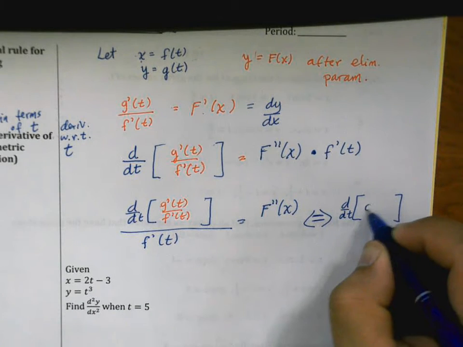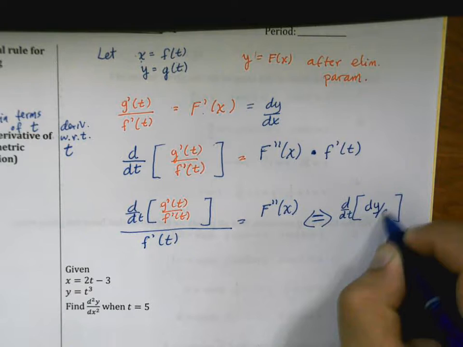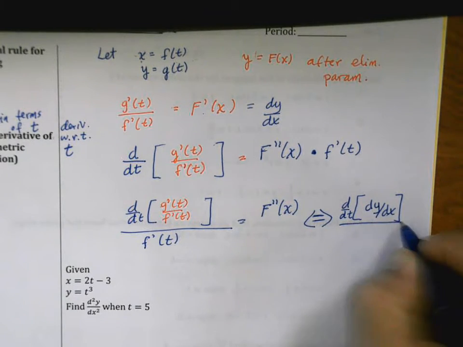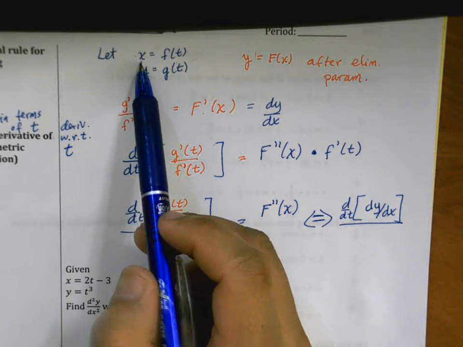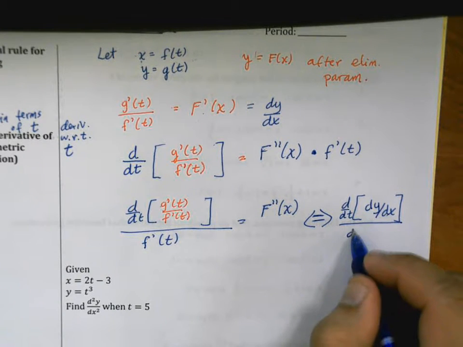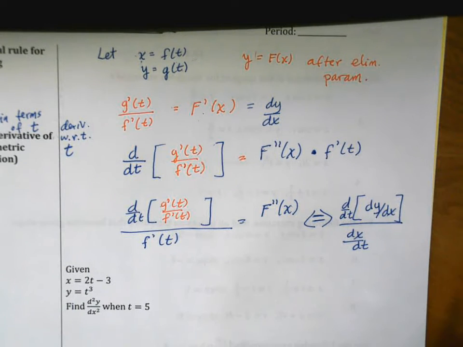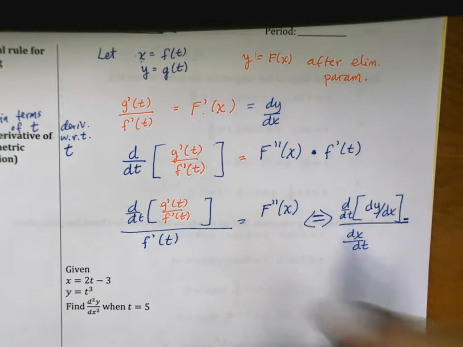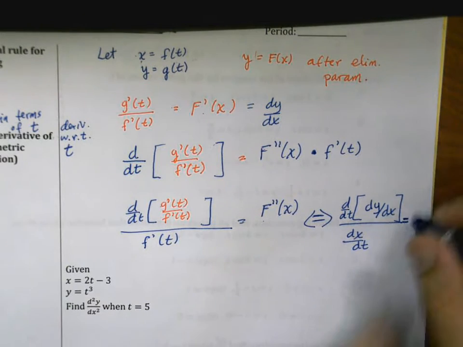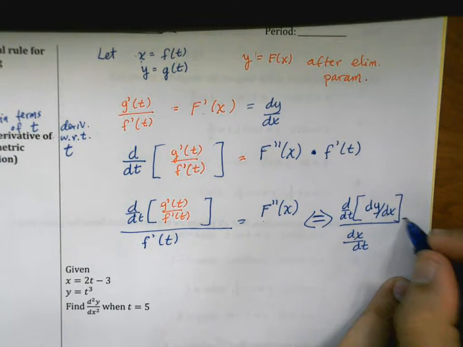So the derivative with respect to t of dy/dx, over f prime of t, which is the derivative of x with respect to t, so I can also write it this way, dx/dt, is equal to the second derivative with respect to x.